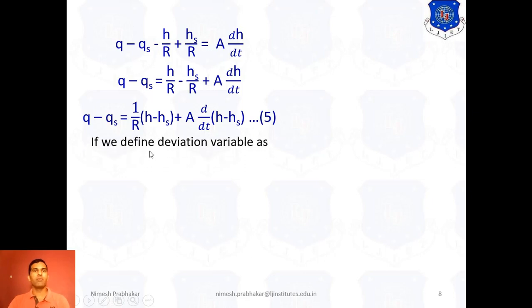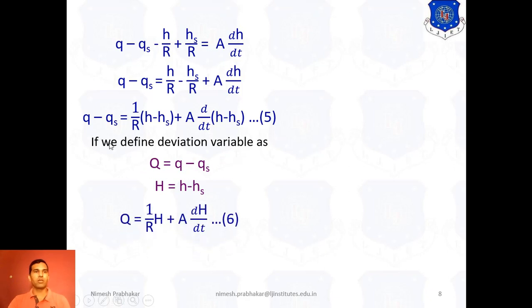Now we define the deviation variables as capital Q is equal to Q minus Qs and capital H is equal to H minus Hs. By putting this value in this equation, we get capital Q is equal to 1 by R into capital H plus A d by dt of capital H.